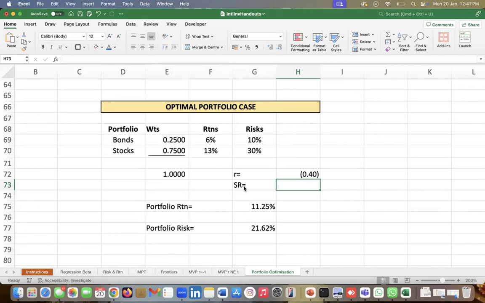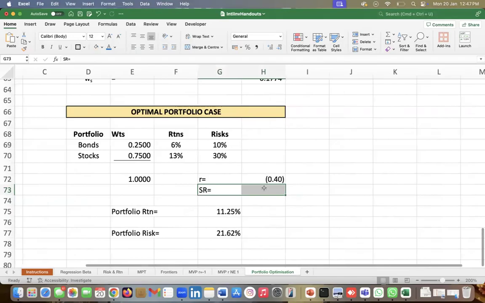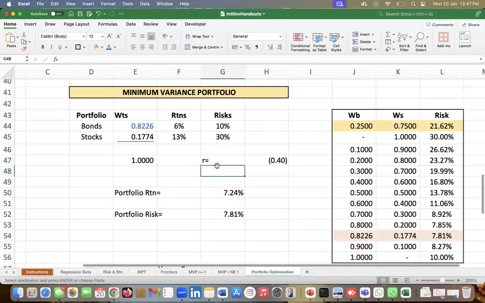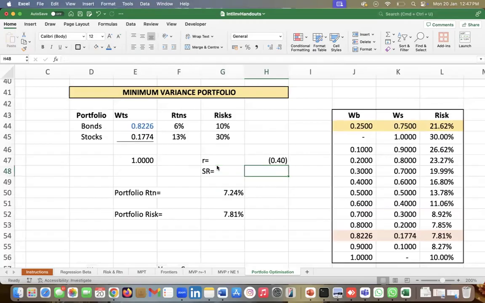Formula for Sharpe's ratio is Rp minus Rf by sigma P. So currently, if we look at the base case, what is our Sharpe's ratio in the base case? Link it to the base case. What is it? Rp minus Rf.